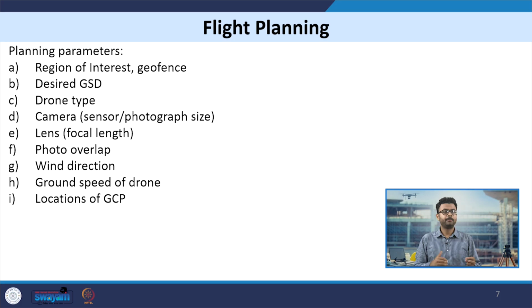So the main planning parameters that we have are the region of interest and geofence, what is the desired ground sampling distance, what is the drone type that is available to us, what is the camera and the lens, which essentially means what is the sensor size and the focal length that is available to us, what is the desired photo overlap, if there is any wind, then what is the speed and what is the direction of that wind, what is the maximum ground speed of the drone, and what are the locations of ground control points.